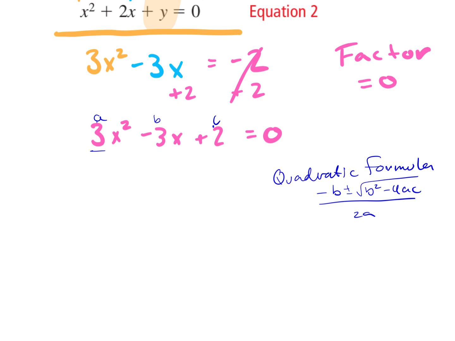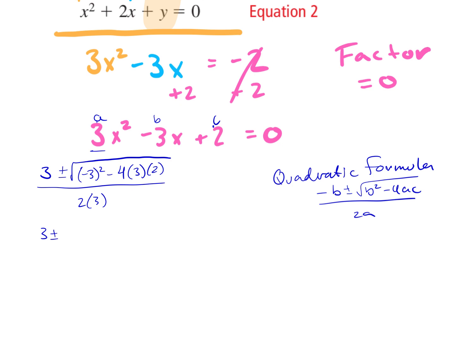This would be -3, which turns into +3, plus or minus the square root of -3 squared minus 4 times 3 times 2 over 2 times a, which is 3. So +3 plus or minus the square root of 9 minus 4 times 3 would be 12, and 12 times 2 is 24 over 6.